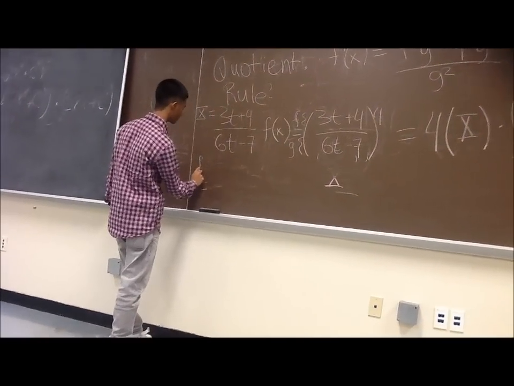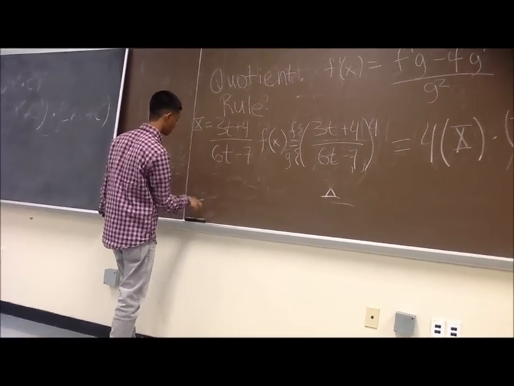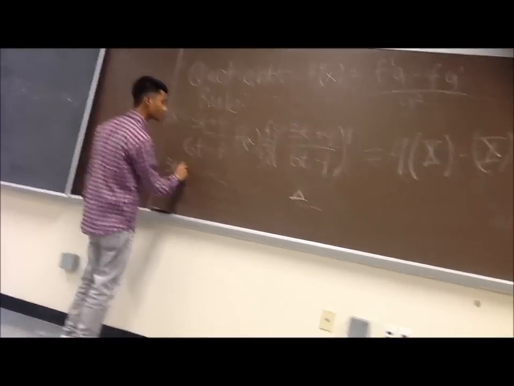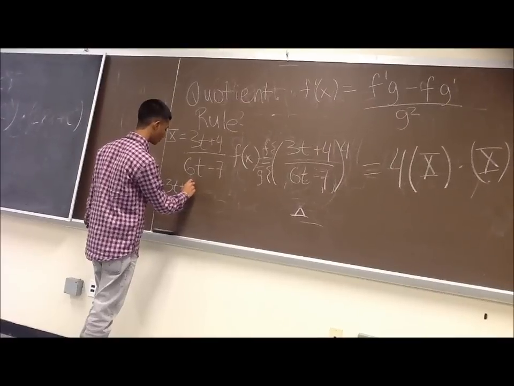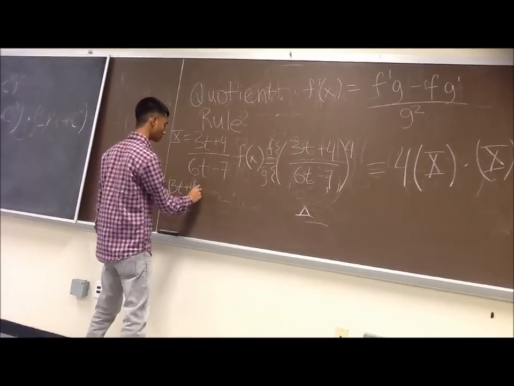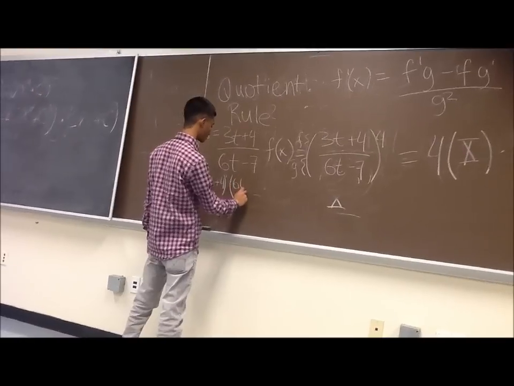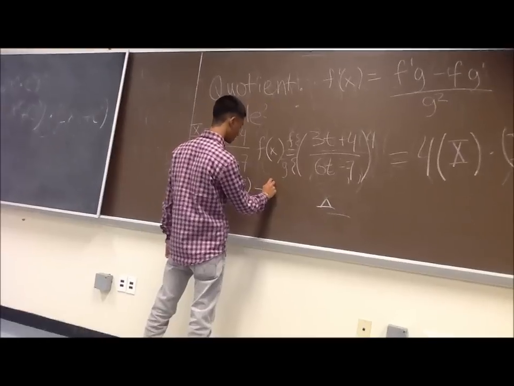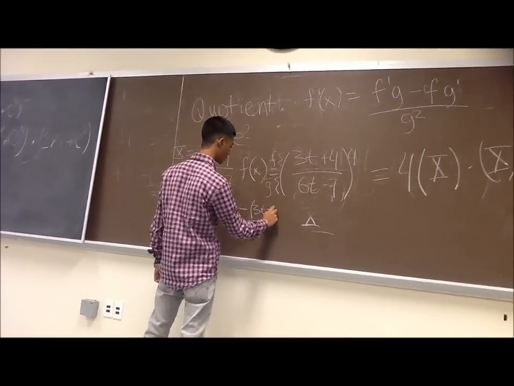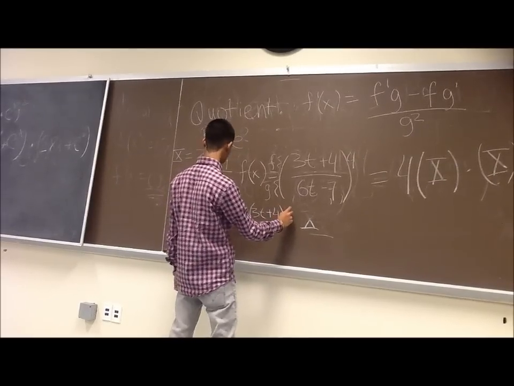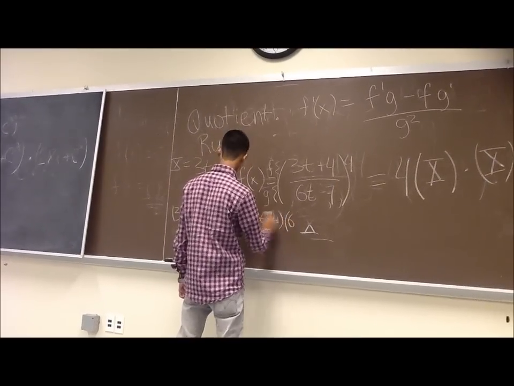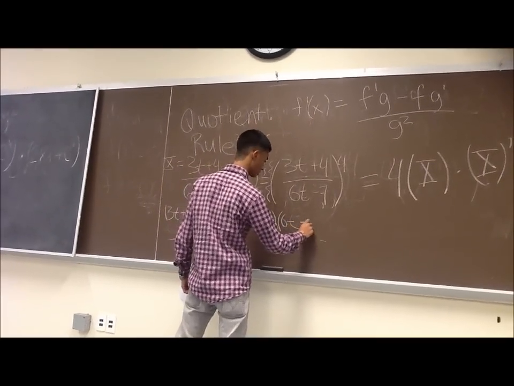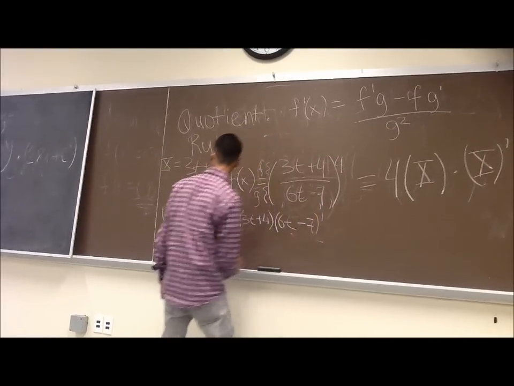So you're going to have 3t plus 4 prime and 6t minus 7, minus 3t plus 4 and 6t minus 7 prime.